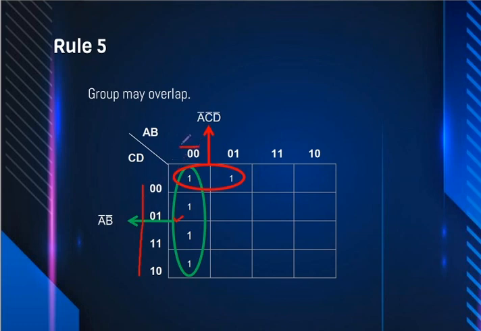In C, D, first, we already studied how we check for C and D. For C it is 0, 0, 1, 1. It's not common, so we are not taking C, because we only take the variables that are common. What about D? 0, 1, 1, 0. So it's also not common, so we are not taking D also. So C and D are eliminated.